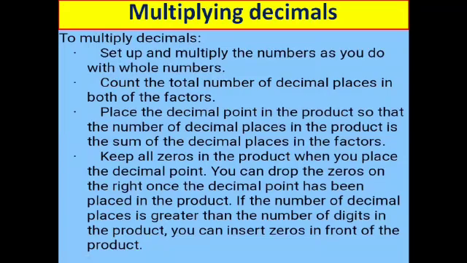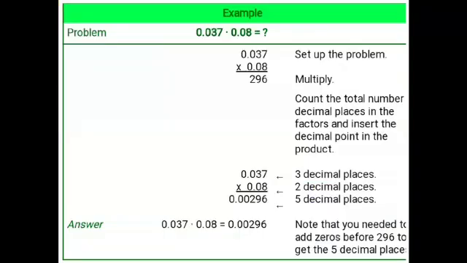Let's understand this using one example. Suppose I want to multiply 0.037 into 0.08. I'll multiply 37 by 8, it will be 296. But as I told, retain all the zeros. So here I have 2 zeros and here 1, so I'll put 3 zeros here.